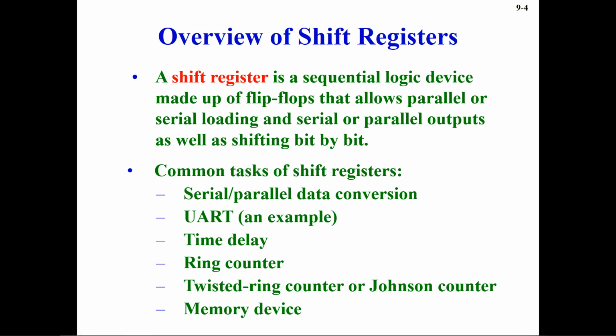You might see some microprocessor circuits where we provide that time delay, and in that we will be using these shift registers. They can be used in ring counters and twisted ring counters. So these are the different types of counters in which shift registers can be used, and they can also be used in memory devices.